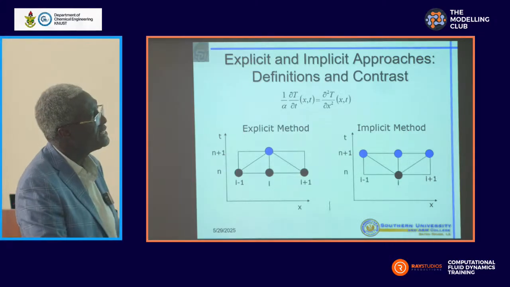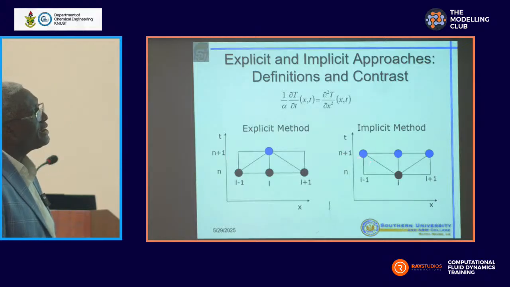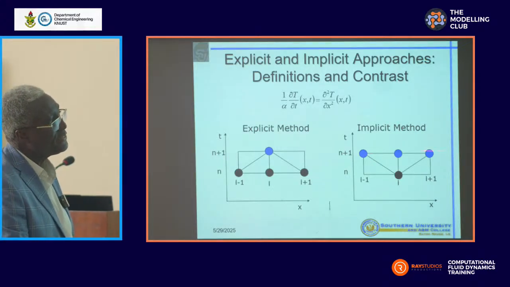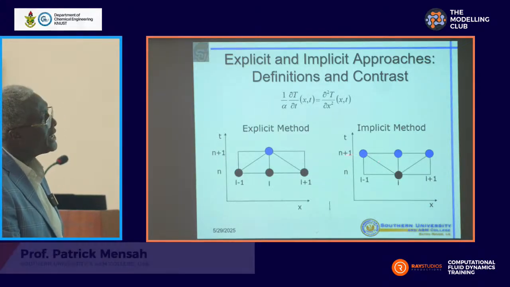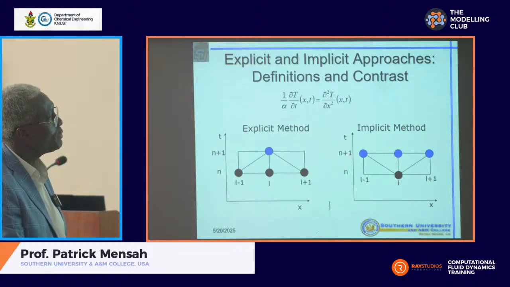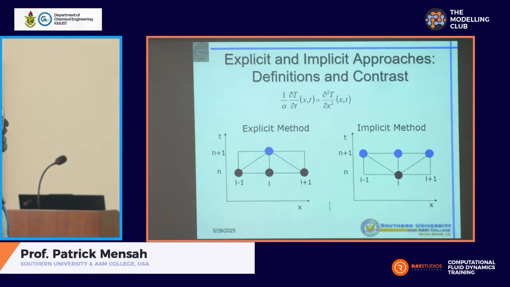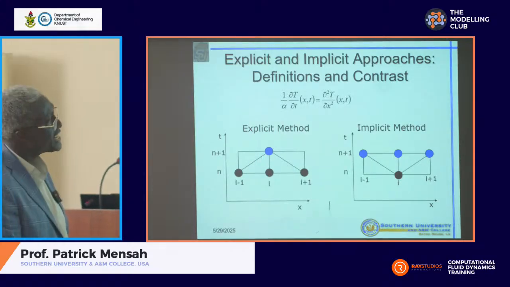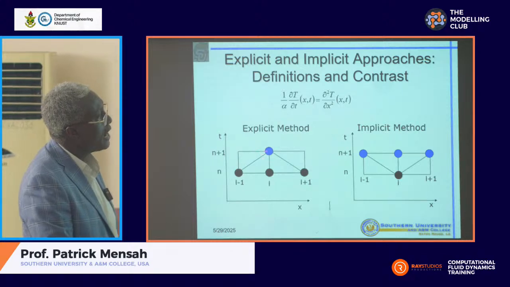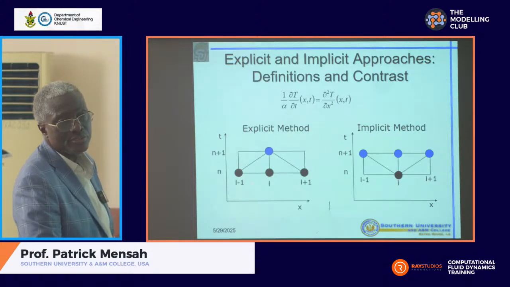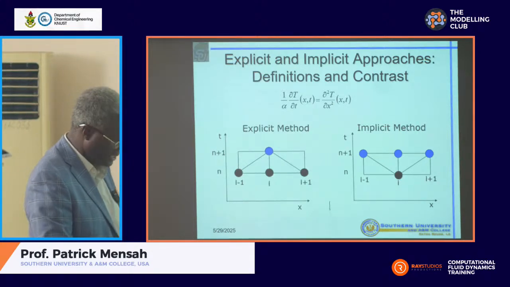So it's implicit, meaning that you have to solve iteratively to obtain the solution at the next time step, whereas here you can directly calculate for the explicit method the unknown from known values. Okay, that's the difference between the two.